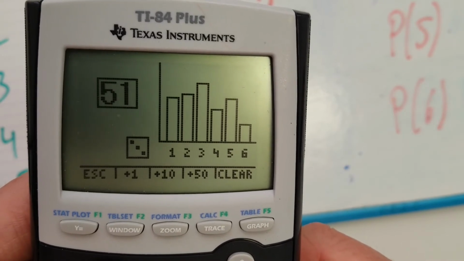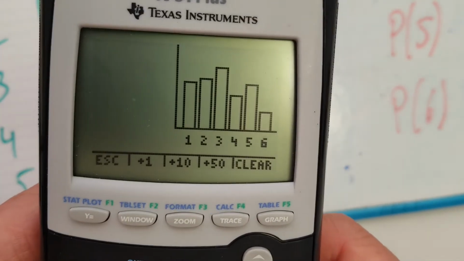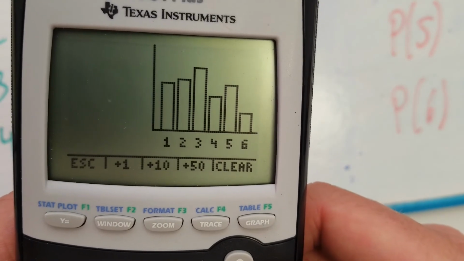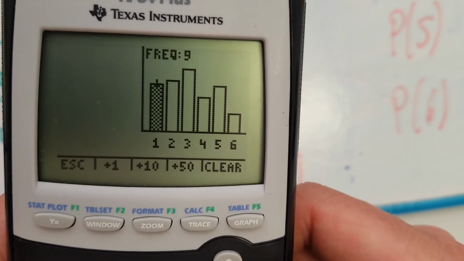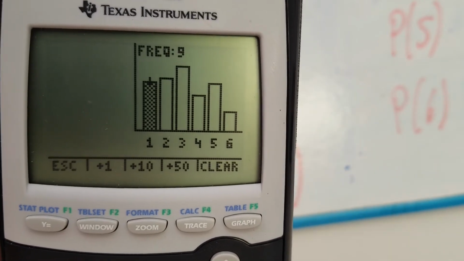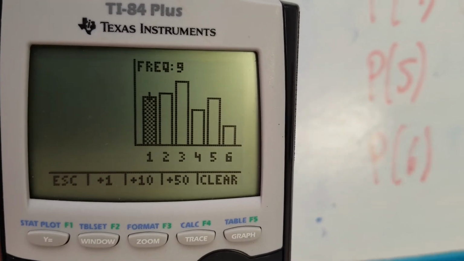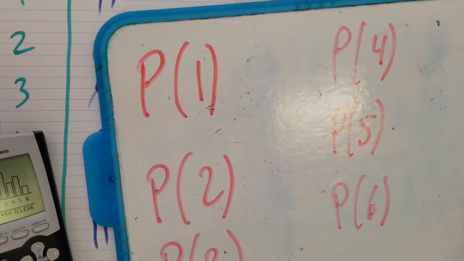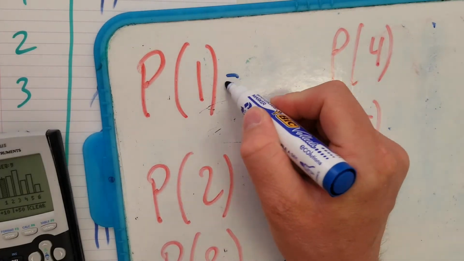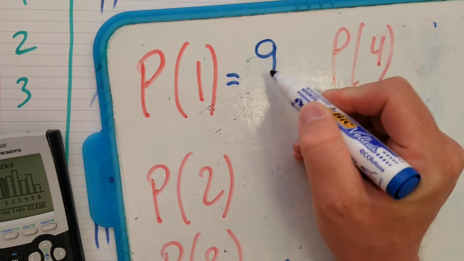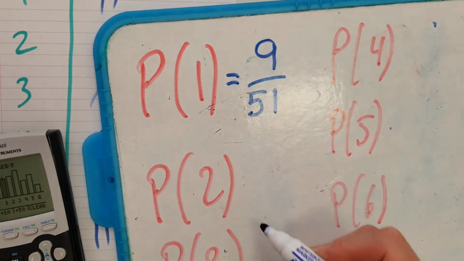Okay, so 51, because I had to roll it once to start with. But then I can see how many times did I actually get a 1. So I actually only got a 1 9 out of 51 rolls. So my experimental probability of getting a 1 is going to be 9 out of 51.